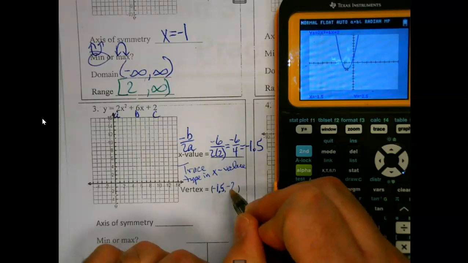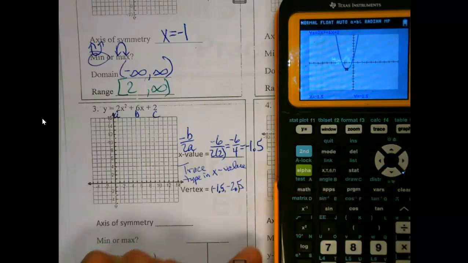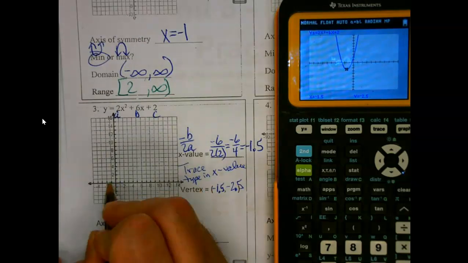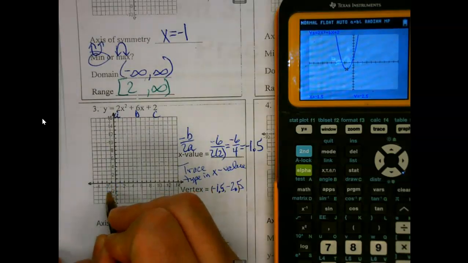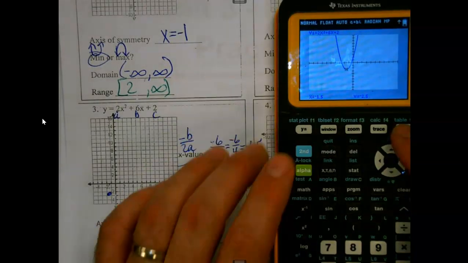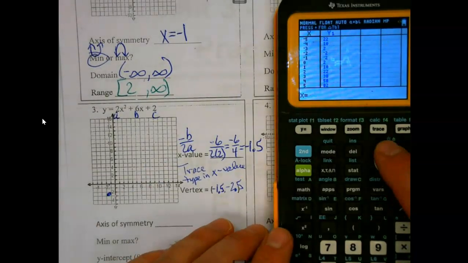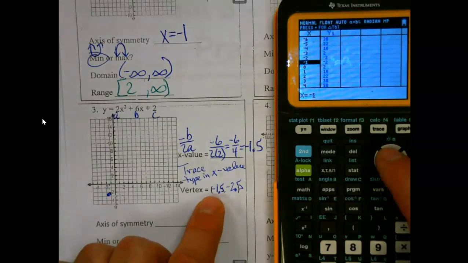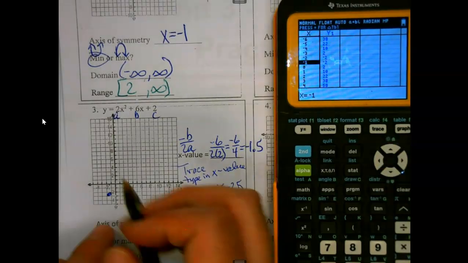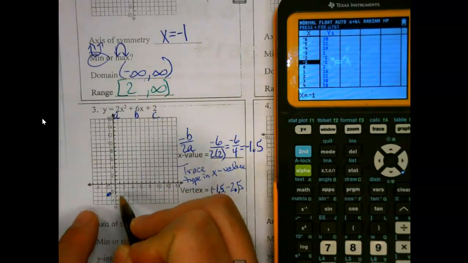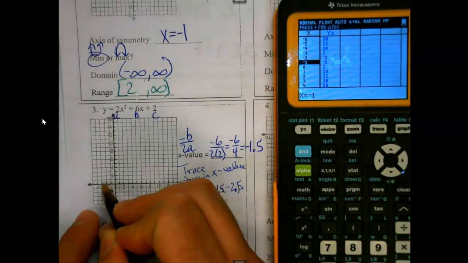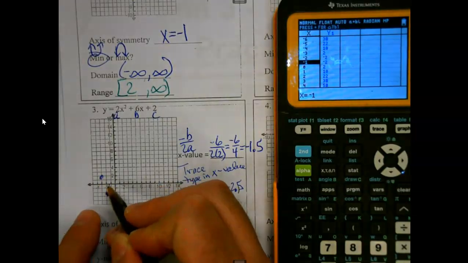So that's how I'm going to have to get my vertex here if I don't get something nice from the calculator. So that can happen sometimes. But once I do that, so negative 1.5, that gets me right around in here.